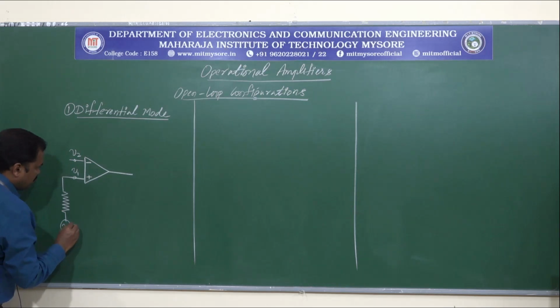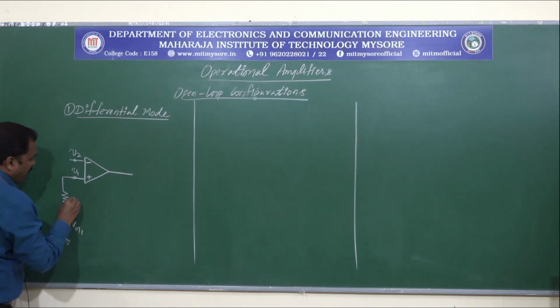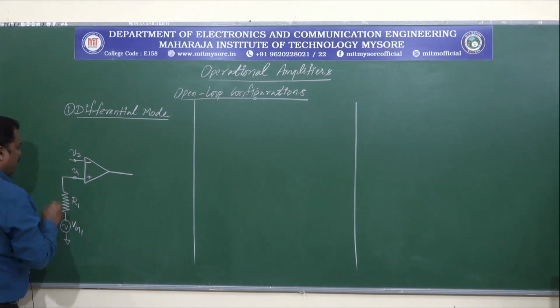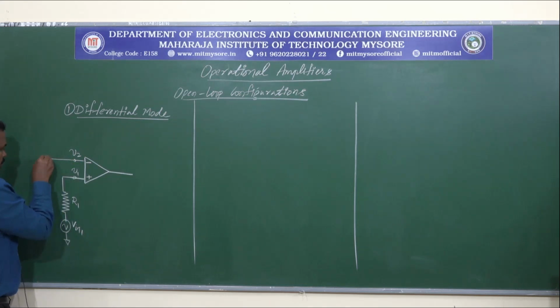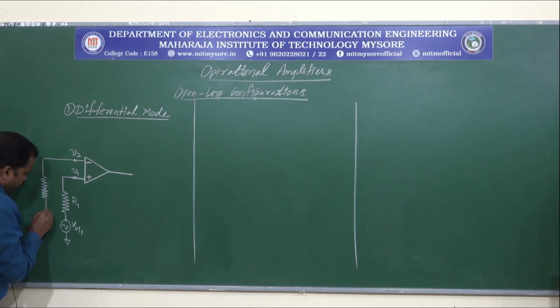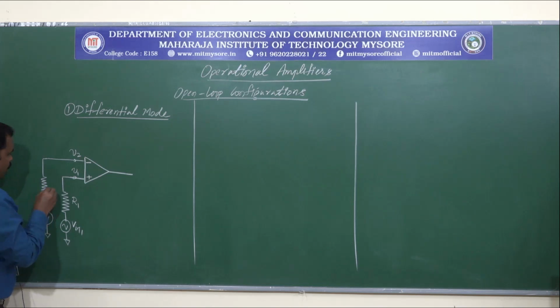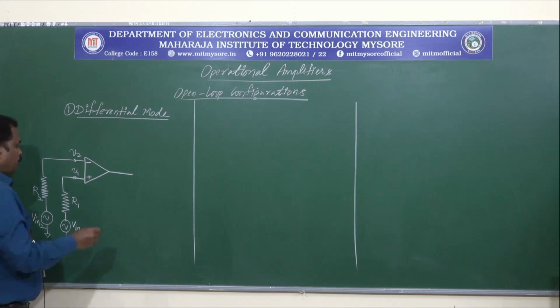So let us consider this as V in 1 and this as R1, and the other signal source will be connected to the inverting terminal V2. So this is the signal source V in 2, and let us call this R2.